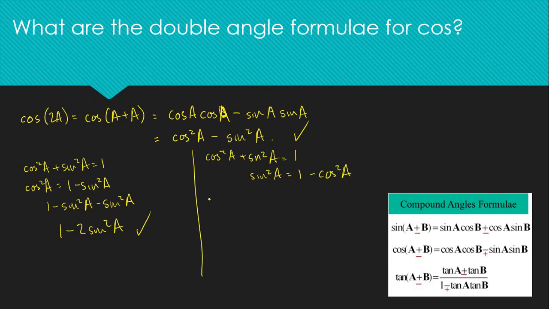Now in this case that's going to be cos squared a minus, if we plug into there, be careful, you're going to need to have 1 minus cos squared a inside these brackets, and be careful with that negative. You'll actually end up with the negative multiplied by the negative is going to end up with positive, and so you're going to end up with 2 cos squared a minus 1, being another of the double angle formulas for cos. So cos has got 3, sine's got 1, and tan has got 1. Cos is the most interesting one.